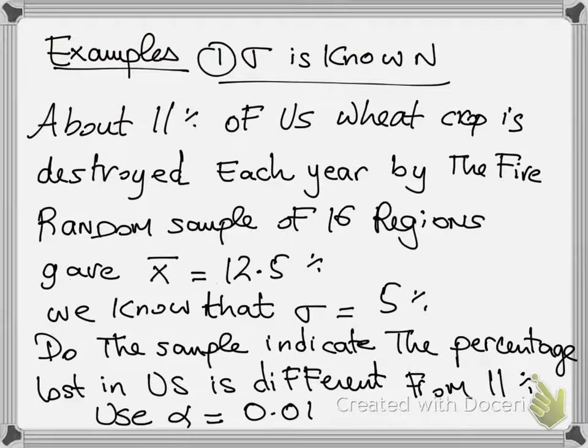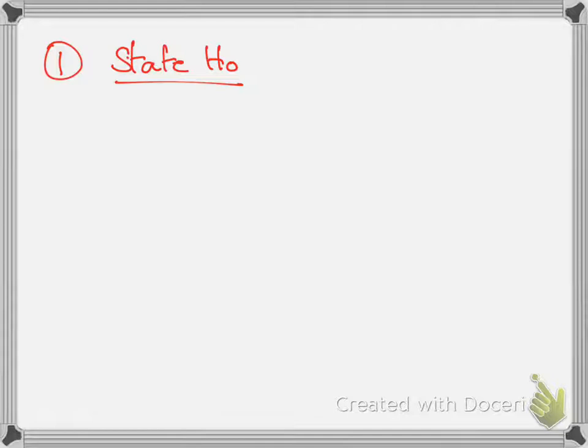Based on prior information, H0 here is that the average percentage of US wheat crop destroyed by the fires is 11%. So mu 0 is equal to 11%.